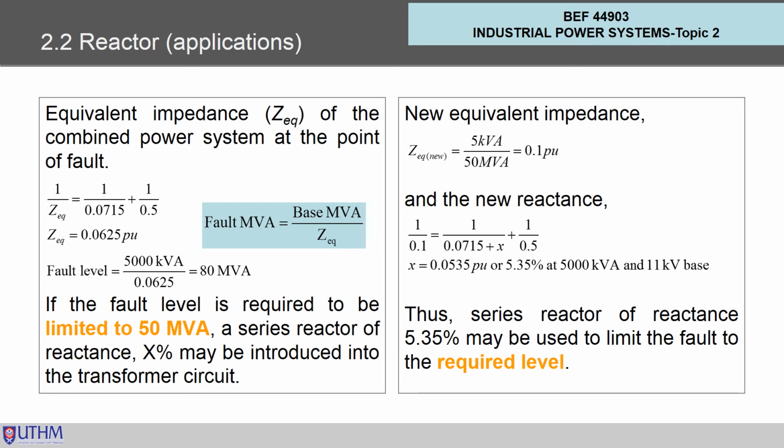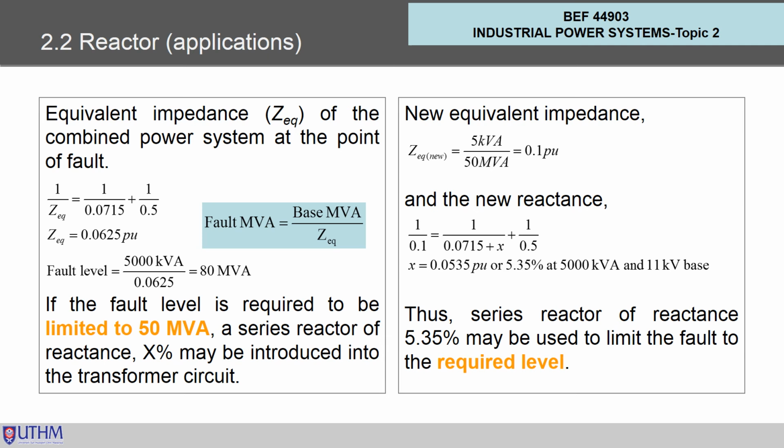So we calculate the Z equivalent by using this formula, the equivalent formula for parallel impedance. Then we get Z equivalent equal to 0.0625 per unit. And then by using this formula for fault, we can determine the fault level, which is equal to base divided by Z equivalent.